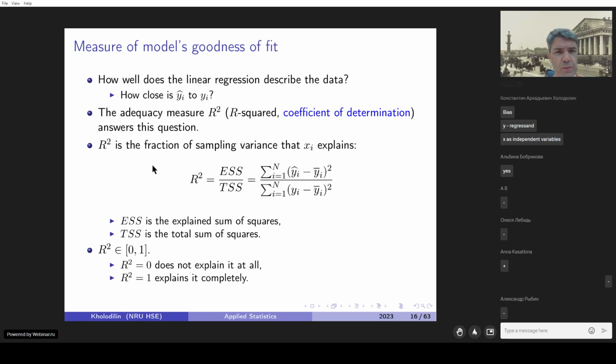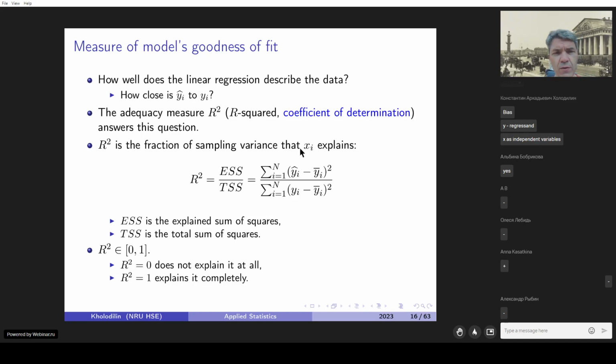Now, how can we interpret R squared, or the coefficient of determination? It's the fraction of the sample variance of y that is explained by our explanatory variable x.